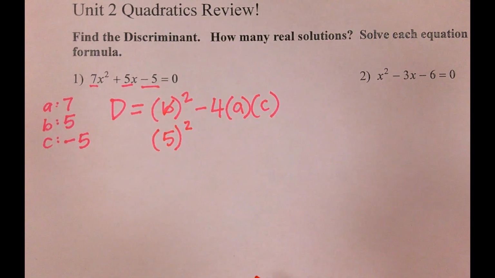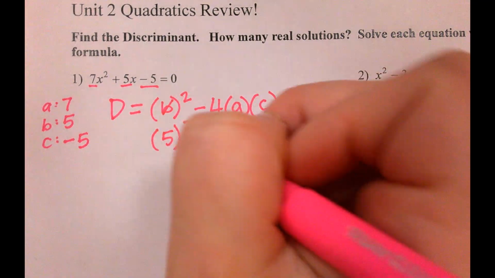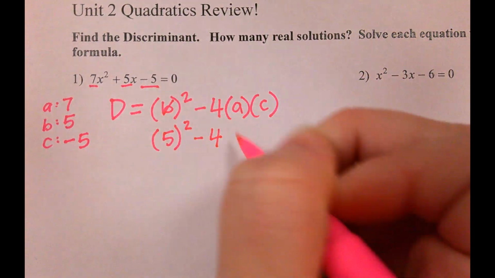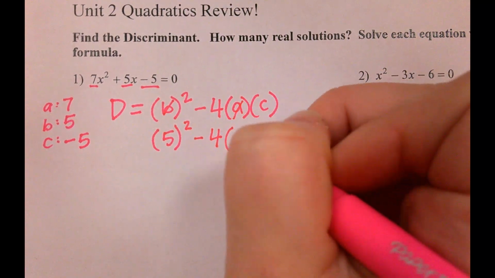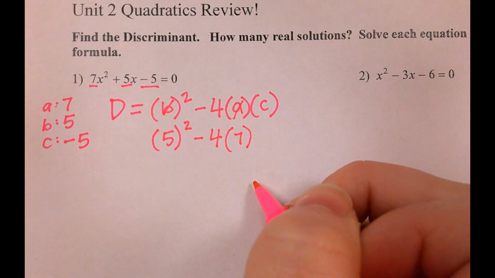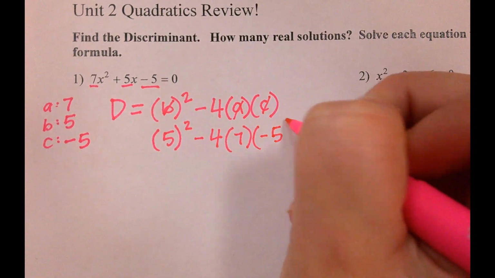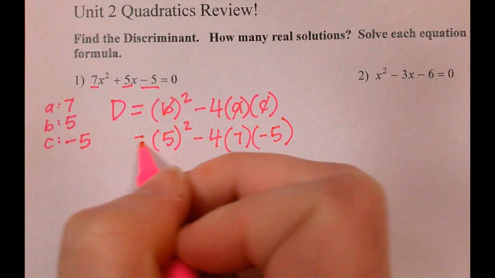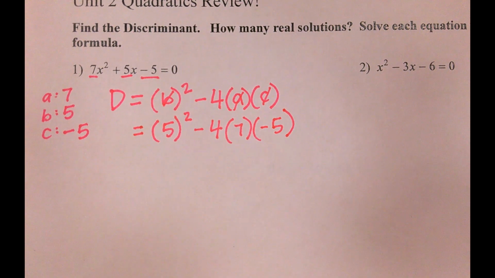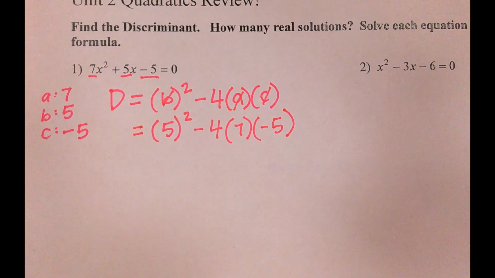Then what? Minus 4 times 7. Instead of A, we'll put 7, times C, which is -5. Okay. So now we have 5 squared minus 4 times 7 times -5.